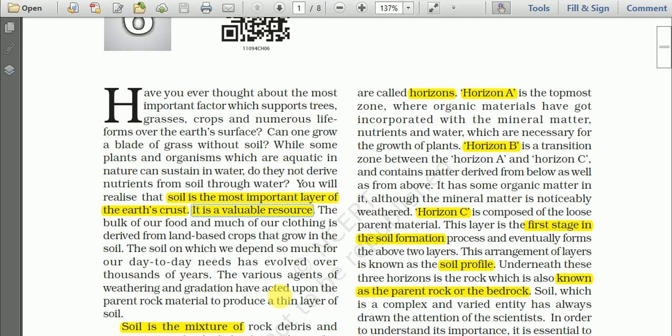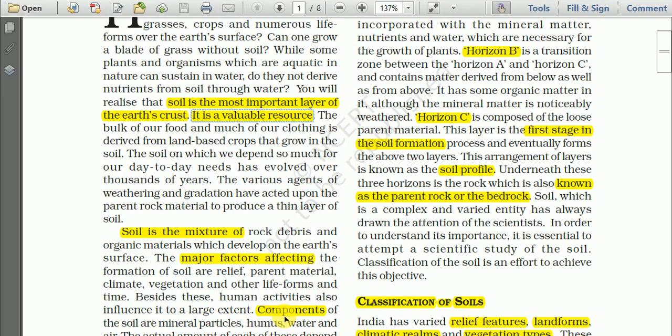About the formation of soil, we have discussed in our textbook Fundamentals of Physical Geography. To develop a 1 centimeter layer of soil takes millions of years. Various agents of weathering and degradation have acted upon the parent rock material to produce a thin layer of soil.